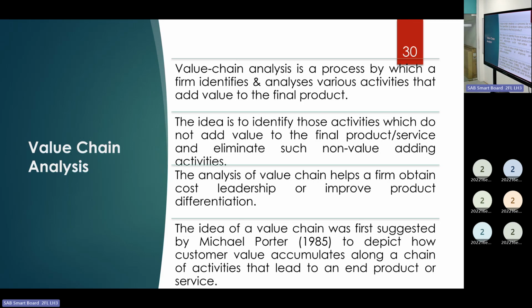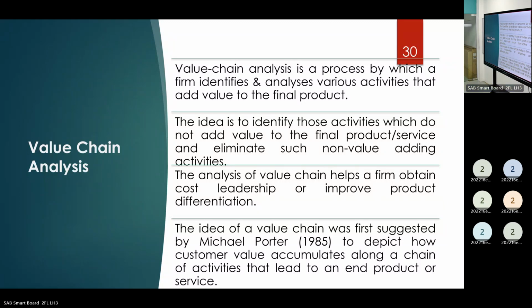The analysis of value chain helps to obtain cost leadership or improve product differentiation. In the value chain, first we identify activities, right? Core activities, non-core activities. Core activities, value added, not value added. Non-core activities, value added, not value added. Core value added activities you should strengthen, you should continue as it is.